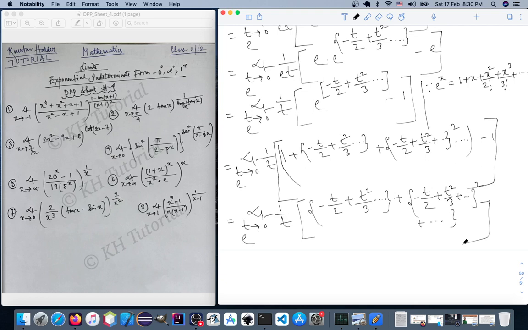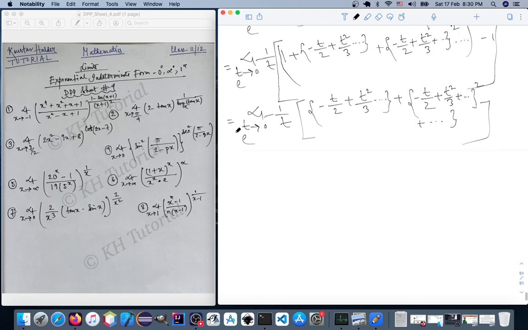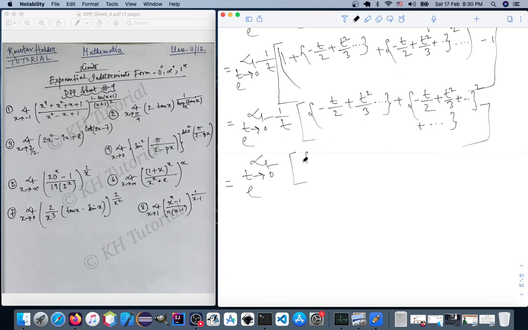Now from the first term inside the bracket, we bring the outside 1 by t inside, and we get minus half plus t by 3 and the higher powers of t, plus the squared term.